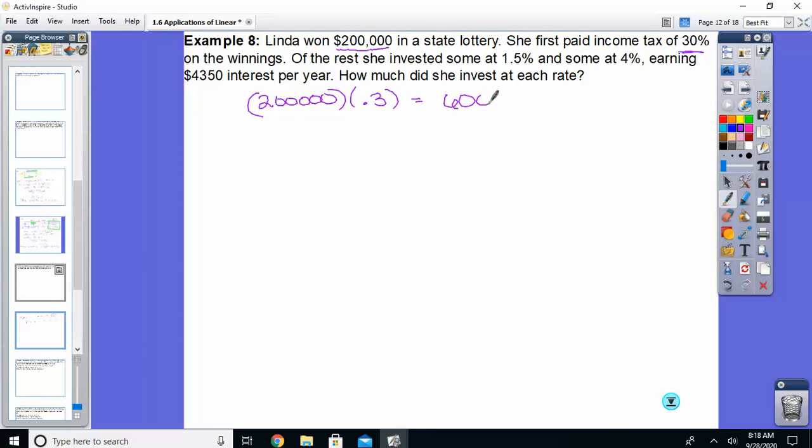So does that mean she has $60,000 left? That's how much she gave. Right, that was the tax. That's what they took away. So to figure out what she has, you have to take her amount and subtract off that $60,000.